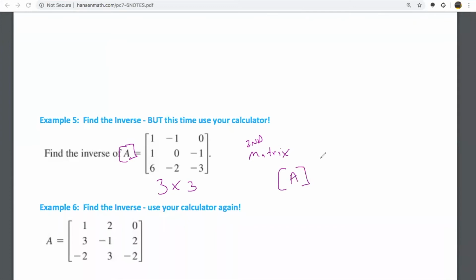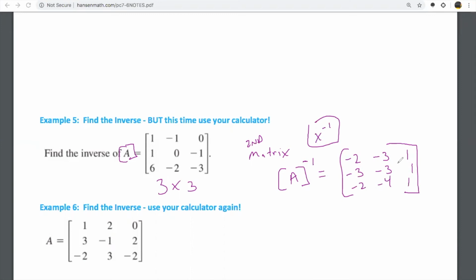And then you hit the inverse button, which on your calculator looks like x raised to the power of -1. That's the inverse. If you do that and it works out correctly, you should get the following: -2, -3, 1, -3, -3, 1, and -2, -4, 1. This is a way to find an inverse, not by hand, but by using technology.